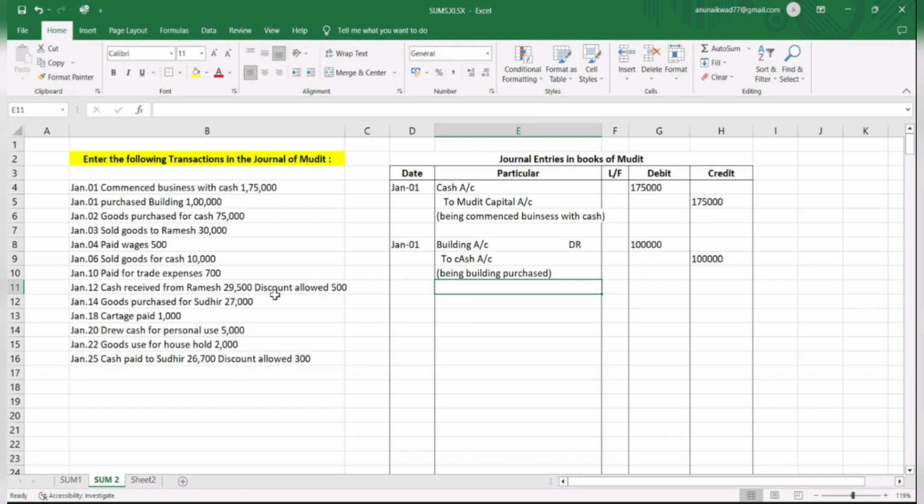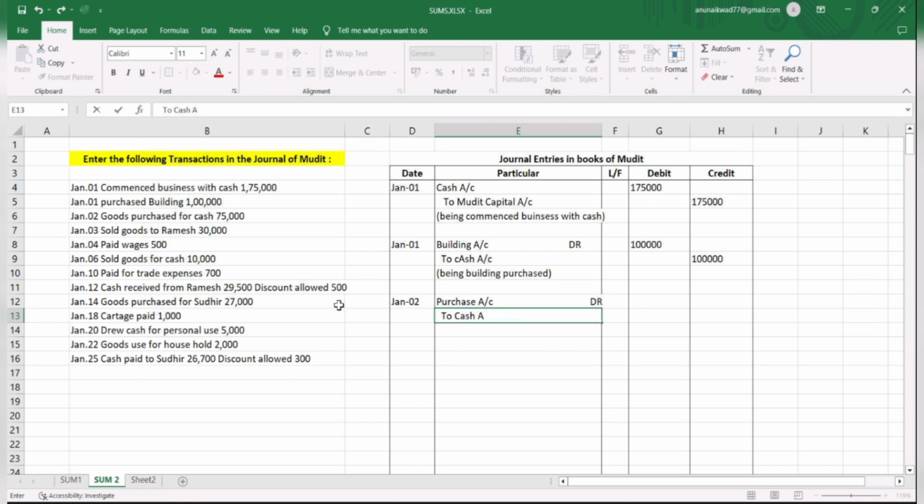Next, on Jan 2, we have goods purchased. So, here it is purchase account debit to cash account because we are purchasing it for cash, rupees 75,000.